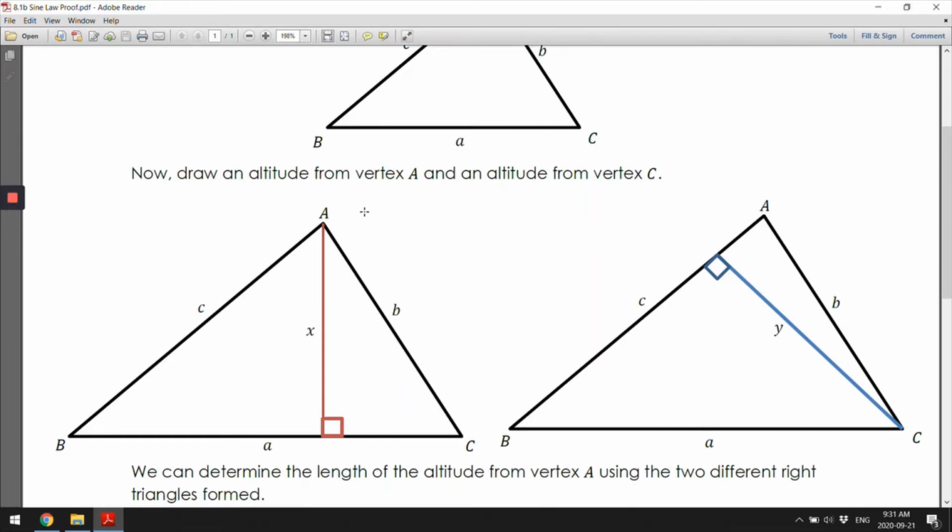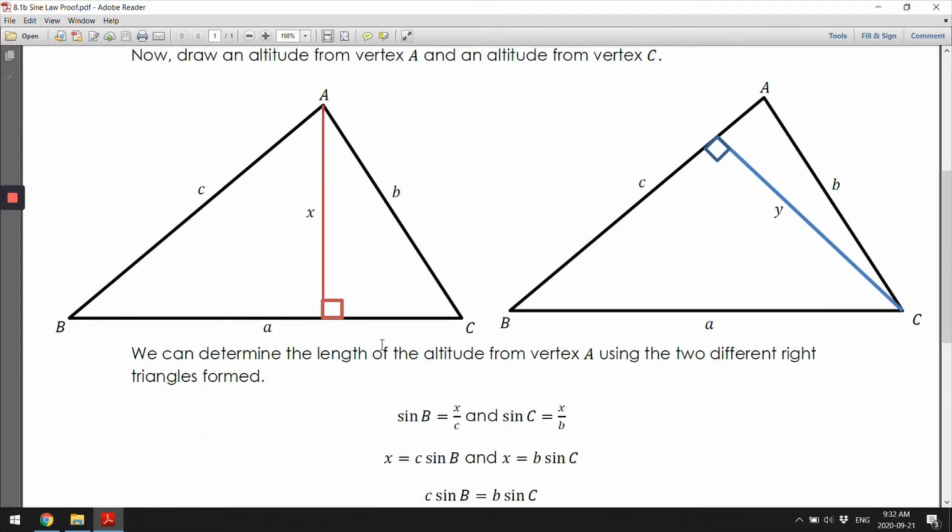We're going to use the altitude from vertex A first, because it divides this acute triangle into two right triangles. We're going to solve for the length of the altitude from vertex A, which I've labeled as x, using the two right triangles.